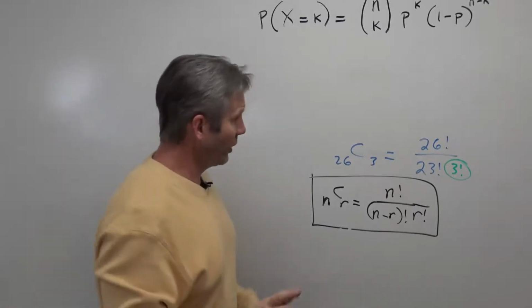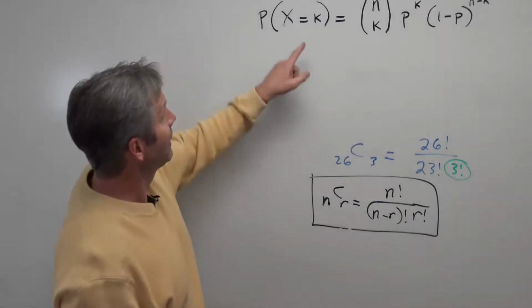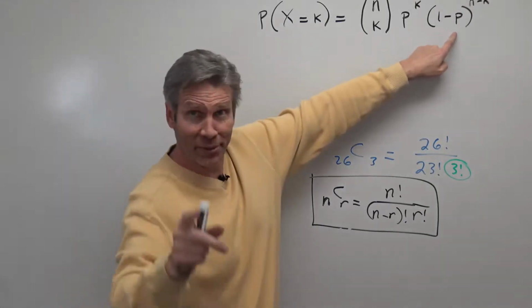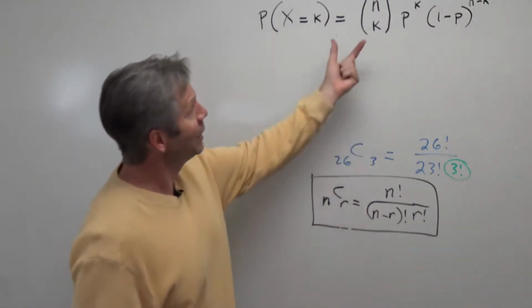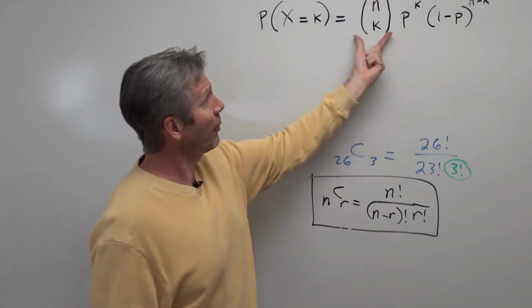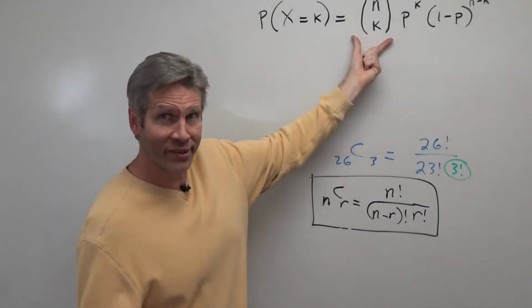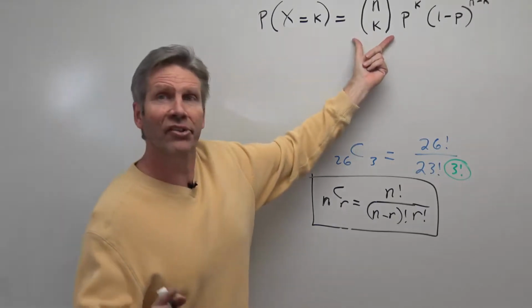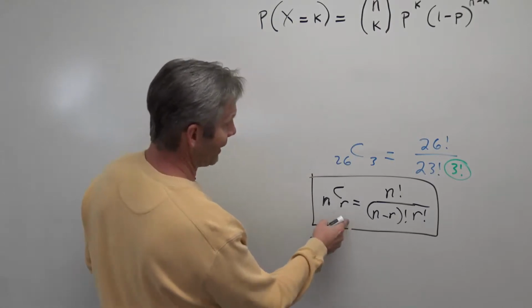To give you a quick indication of where we see the combination formula in the binomial probability formula, this is going to be the binomial probability formula. Hey, there's p and 1 minus p, the probability of success and a failure, so it'll make sense as we get into it. But you have to multiply those probabilities by the number of ways of getting a certain number of successes out of your sample. That thing right there is just another way to show combinations. So it's equivalent to this down here.